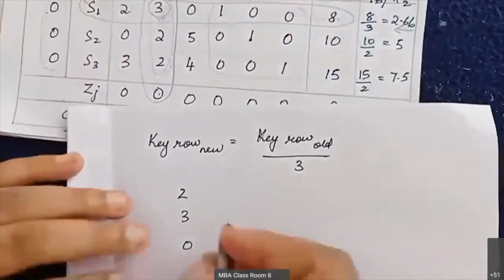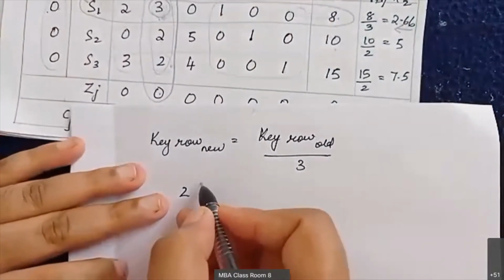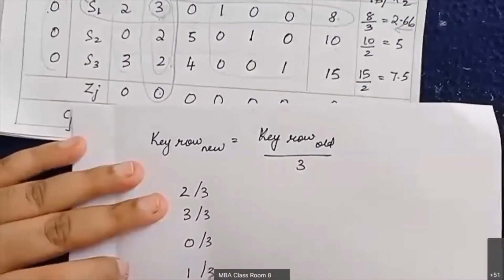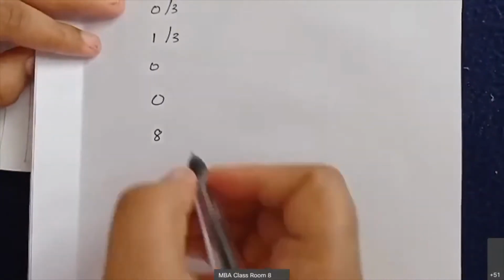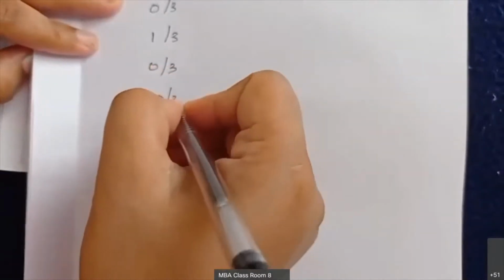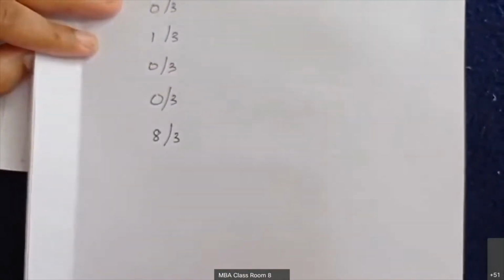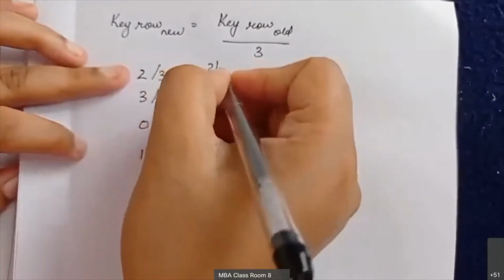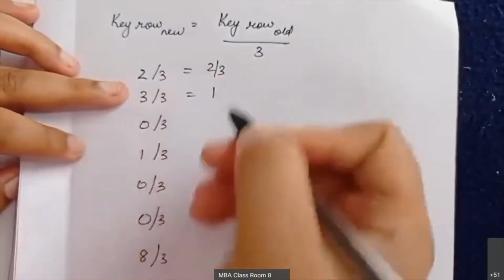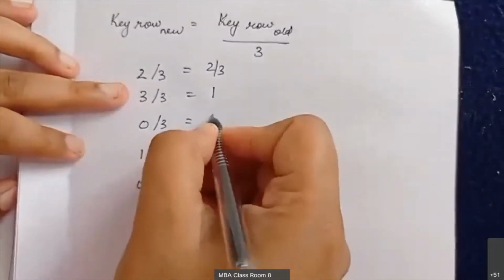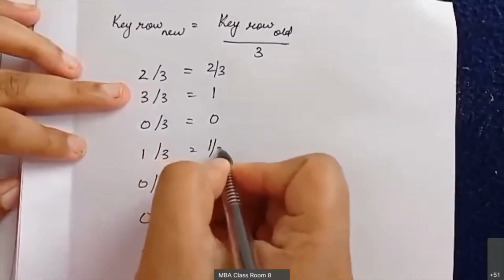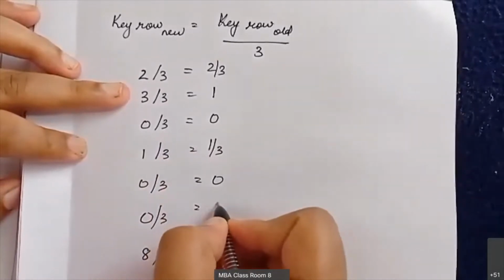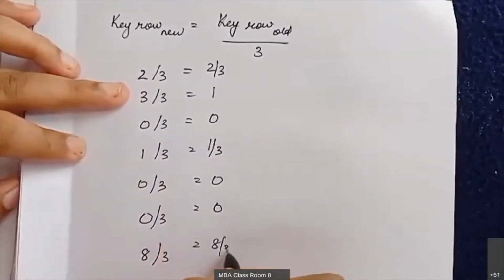I'm going to divide each of these numbers by 3. 2 divided by 3, 3 divided by 3, 0 divided by 3, 1 divided by 3, again 0 divided by 3, 0 divided by 3 and 8 divided by 3. Can you tell me the answer? I'll put it as 2 by 3 itself. Here it becomes 1. 0 divided by 3 is 0. Here I'm keeping it as 1 by 3 itself. 0 divided by 3 is 0, 0 divided by 3 is 0. Here I'm keeping it as 8 by 3 itself.